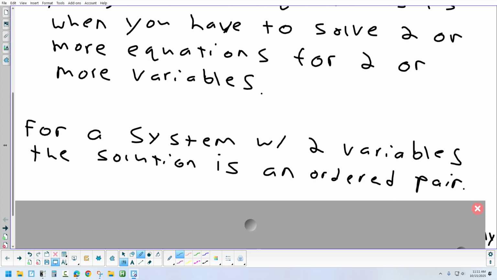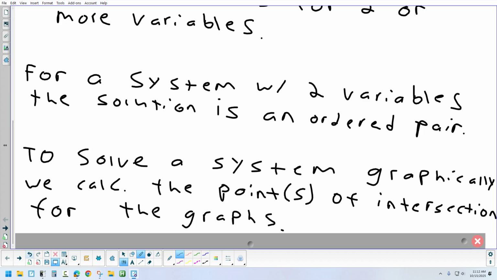Because you're looking for a point, you need to tell me an x and a y value when you solve a system, or you need to tell me 2 variables. You can write those variables as an ordered pair, or you could do x equals, y equals on separate lines. But you do have to tell me 2 numbers. When you're solving a system graphically, you're looking for the intersection points.